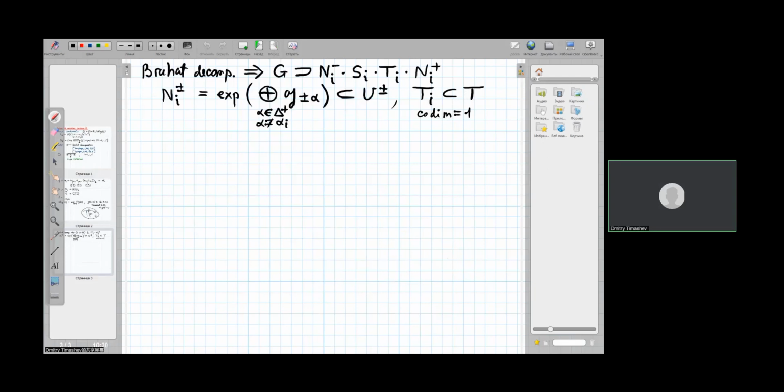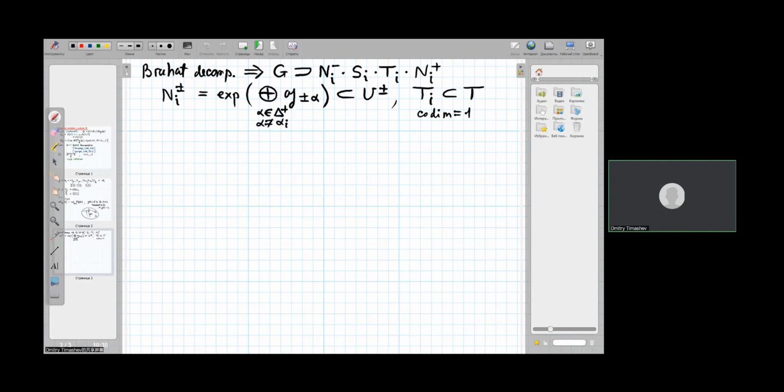So as I said, it follows from the Bruhat decomposition that G contains this open subset. This open subset, Ni minus dot Si dot Ti dot Ni plus, contains the big cell, of course, because Si contains the root subgroups corresponding to alpha i and minus alpha i.